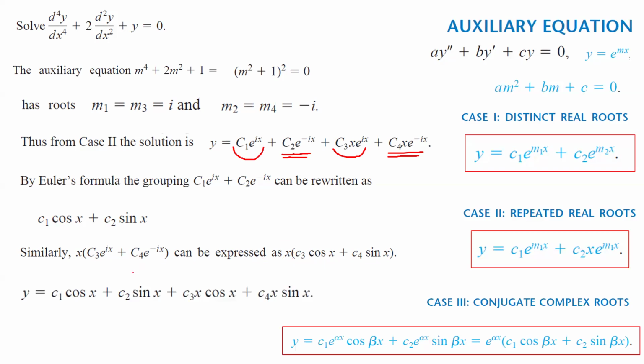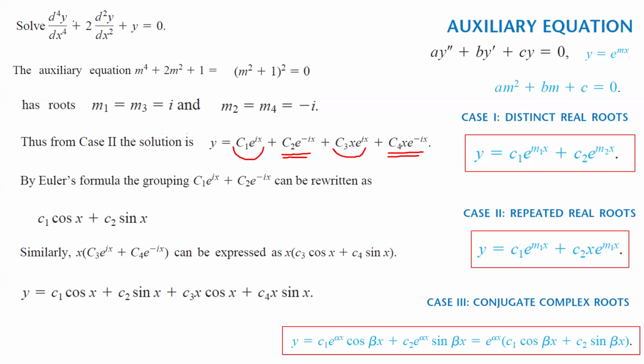Well, if you just go back to y up here and rewrite the whole thing in nicer form, the general solution is c1 cosine x plus c2 sine x plus c3 x cosine x plus c4 x sine x.